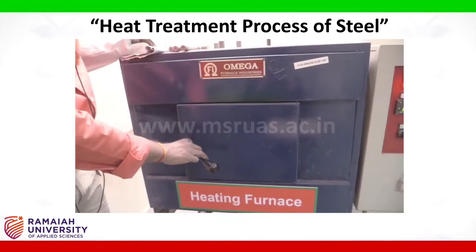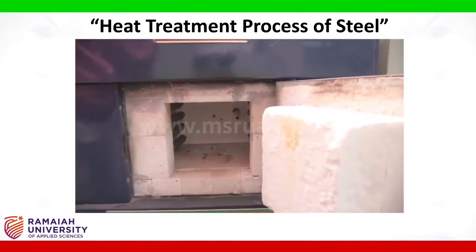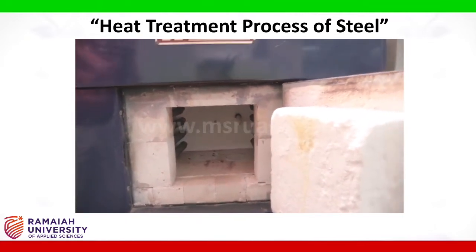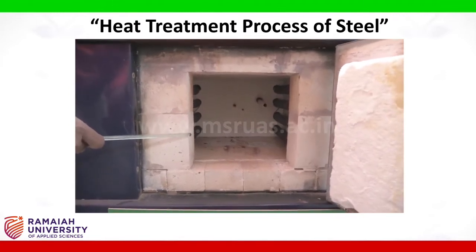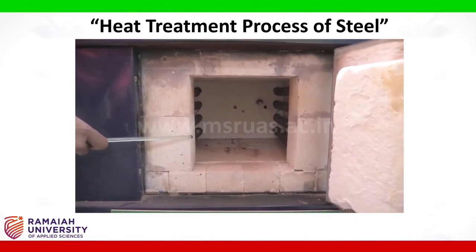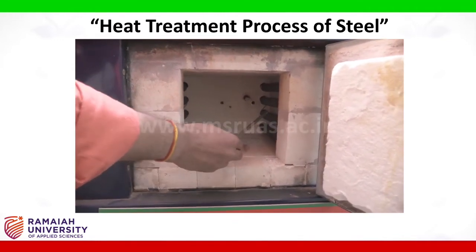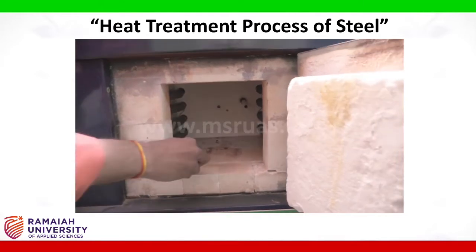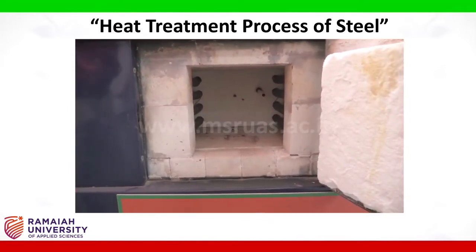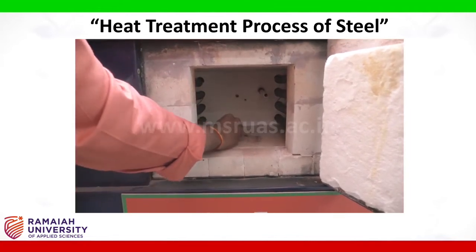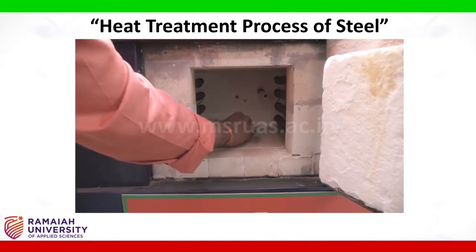Before starting the program, let us keep the samples inside. This is the electric heating furnace. These are refractory bricks made of ceramic, which can withstand temperatures up to 1800 degrees centigrade. Inside, on either side, you have heating coils. This is the platform where we are keeping the samples. I'll keep the samples one by one. Care should be taken that samples should not touch the coils.